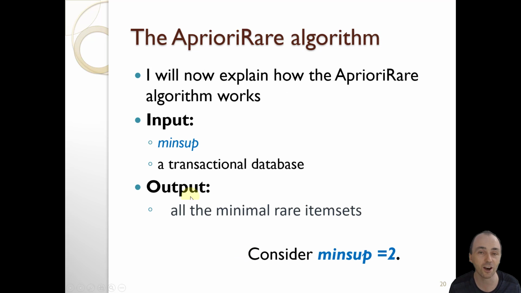So let's see how does it work with an example to make this clear. So we will use AprioriRare on the example database I have shown to you before. So here I will suppose that the minimum support is 2, and the output will be the minimum rare item sets, okay?